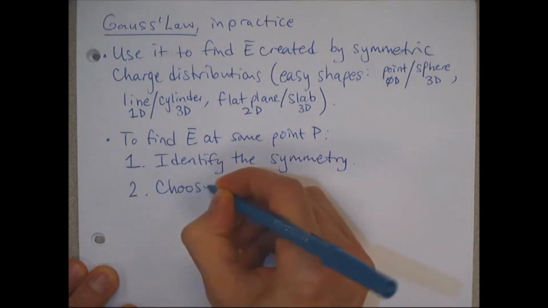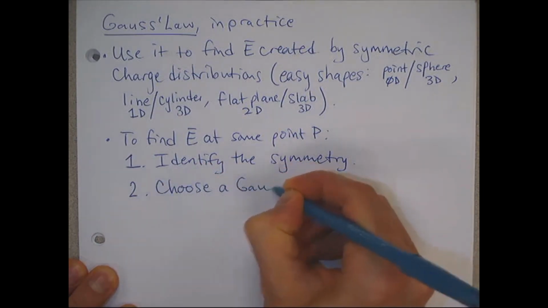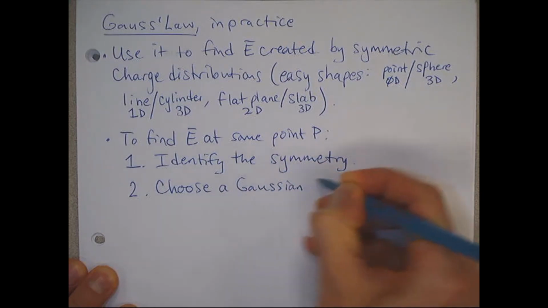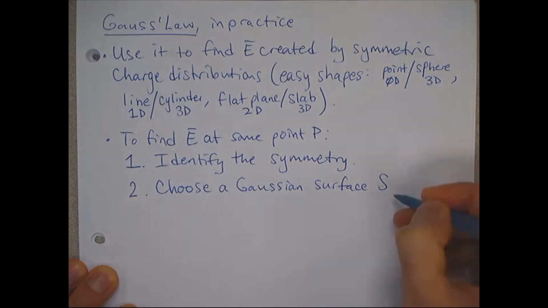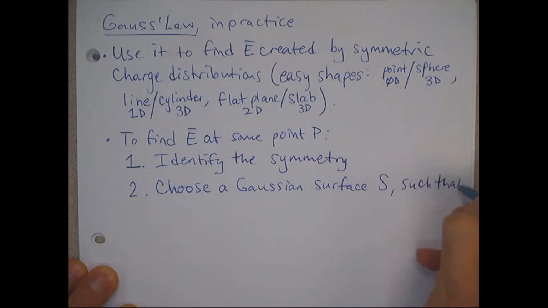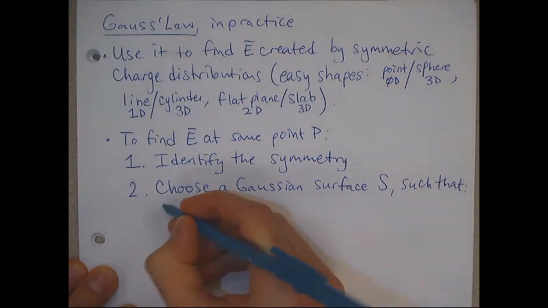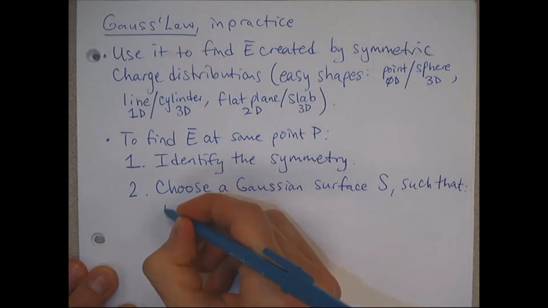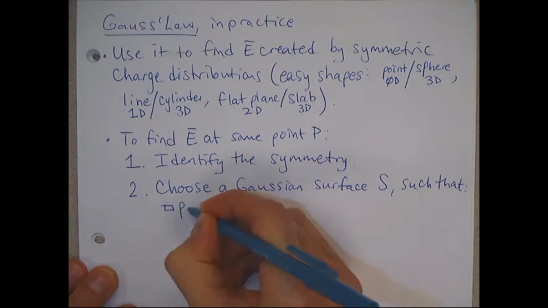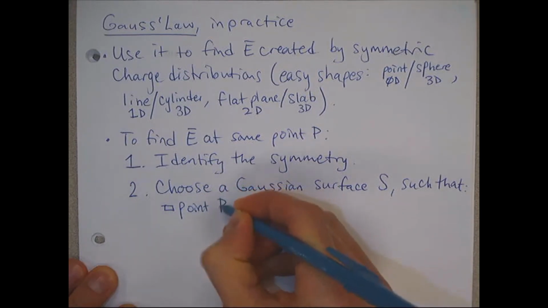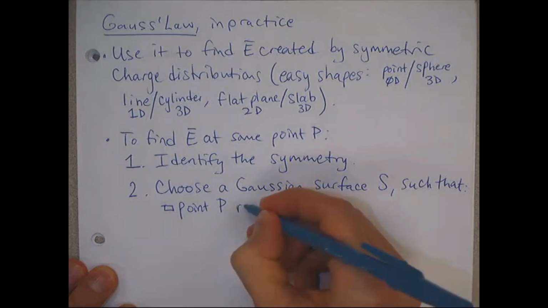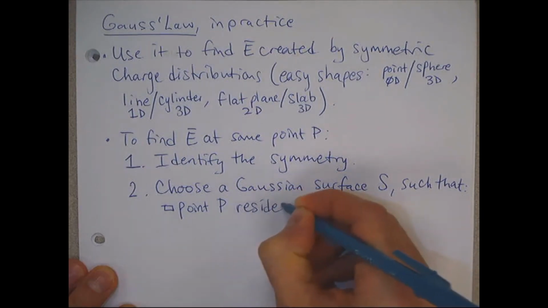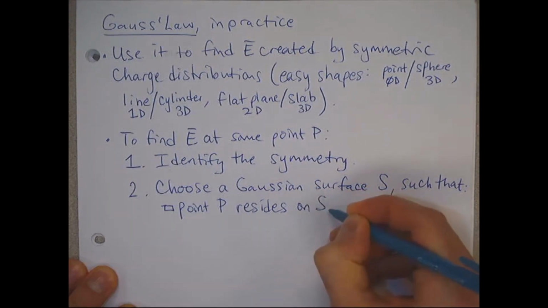Step 2 will be to choose a Gaussian surface. We'll call it S, such that point P, where we want to know the field, resides on that surface.